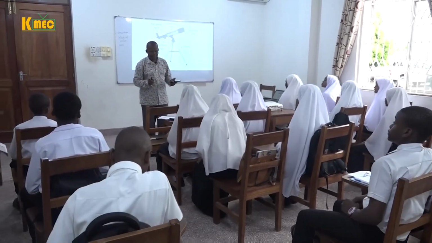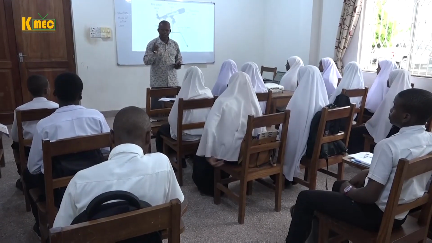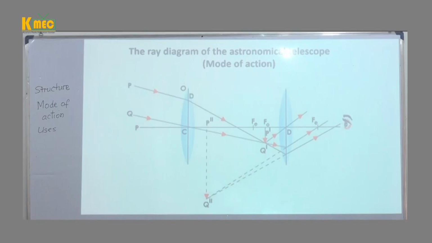Okay, now my dear students, we have to discuss together the mode of action, which we can call a ray diagram of the astronomical telescope. That will help us to describe the mode of action of the astronomical telescope.